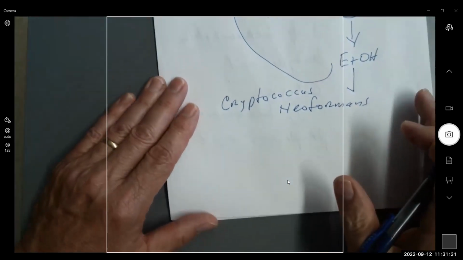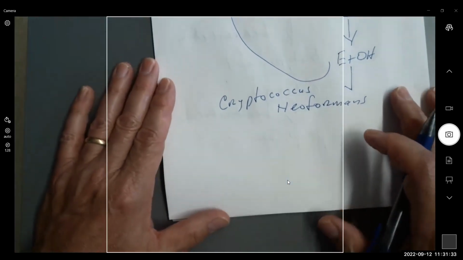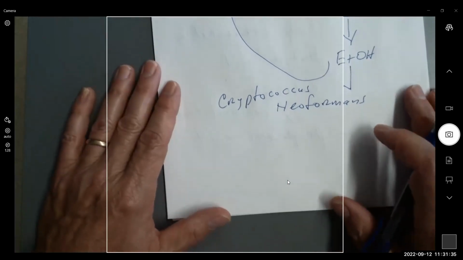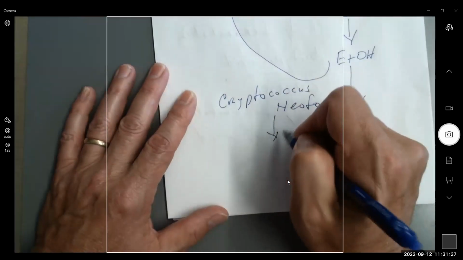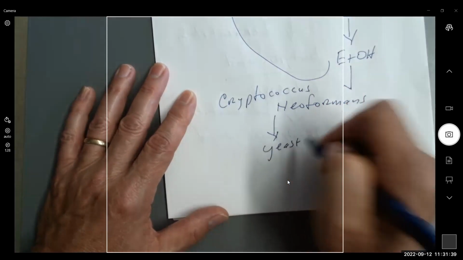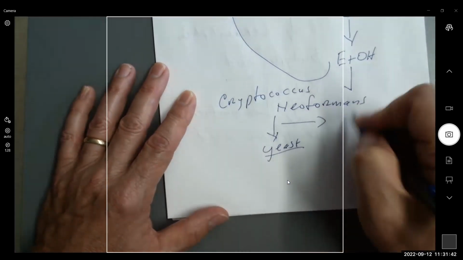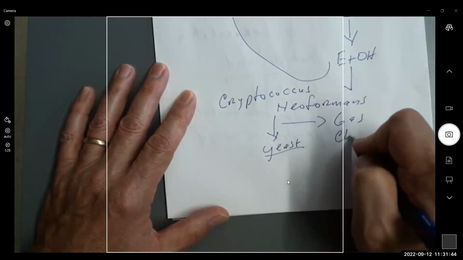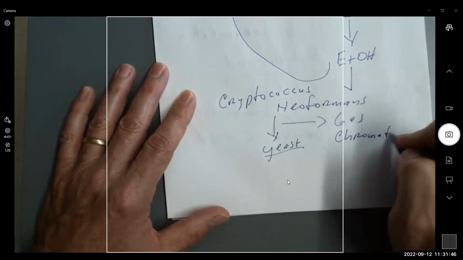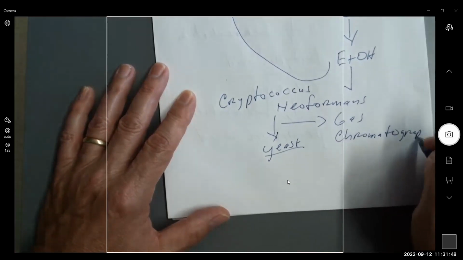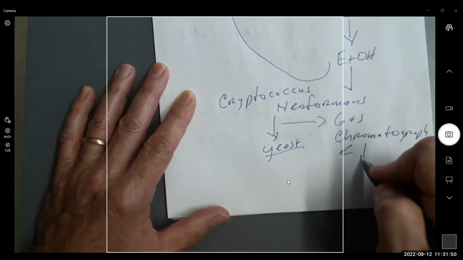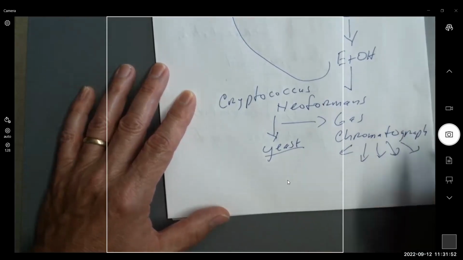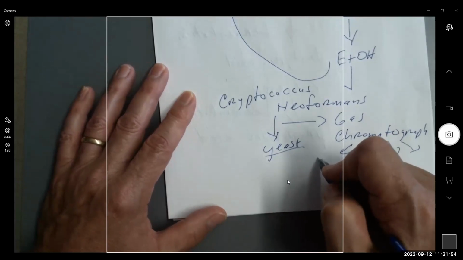We grew it in a special culture that would make it grow as a yeast. And then we put it in a gas chromatograph. We discovered you got lots of different things and a little tiny bit of ethanol.